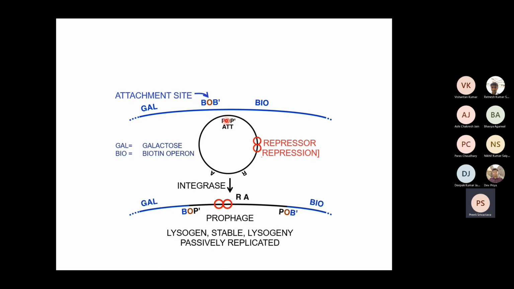So B, O, and then P prime, then R, then A, then P, then O, and then B prime, and then bio. Followed? So whenever recombination happens, you are going to read like this. It's always going to loop this way. You are getting my point?